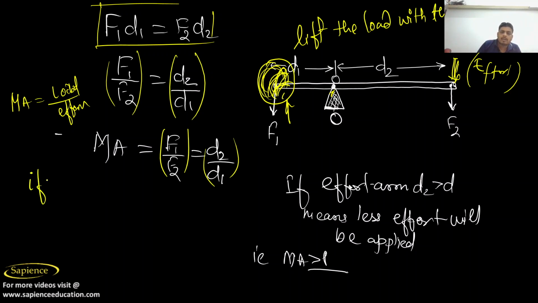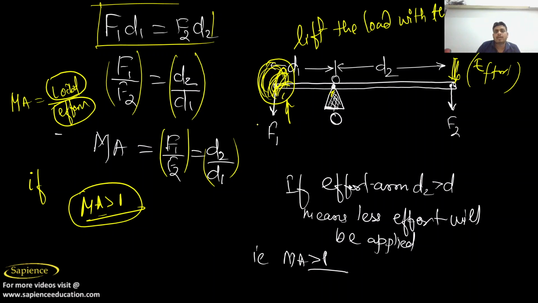If you want less effort to be required to lift the load, it means that mechanical advantage should be greater than 1. Why so? Because when load is greater and effort is smaller, mechanical advantage is greater than 1, and it means you need to apply less effort. So to make the mechanical advantage greater than 1, you have to increase d2. d2 must be greater than d1.